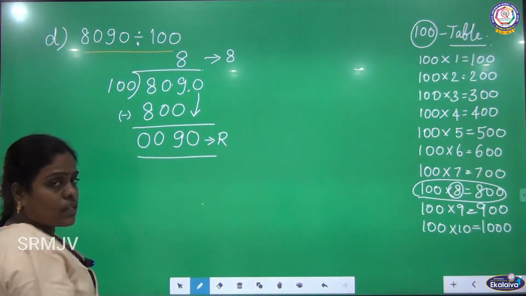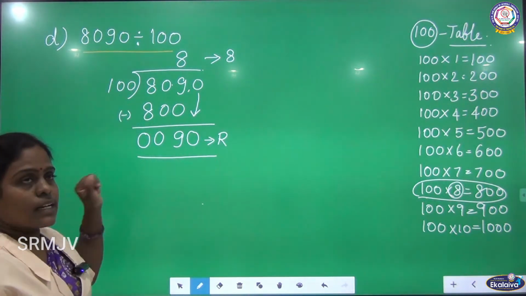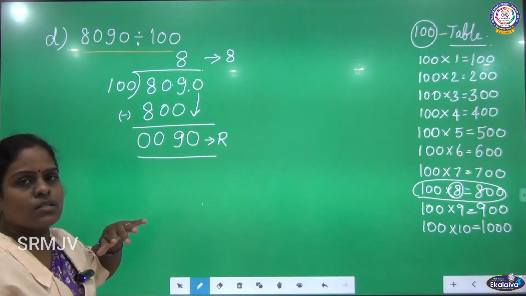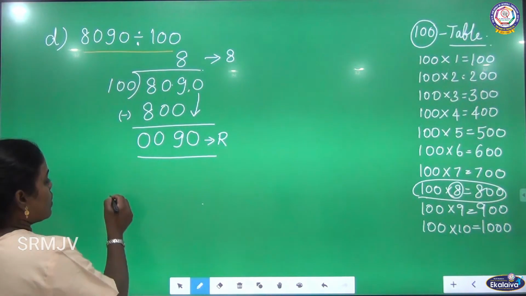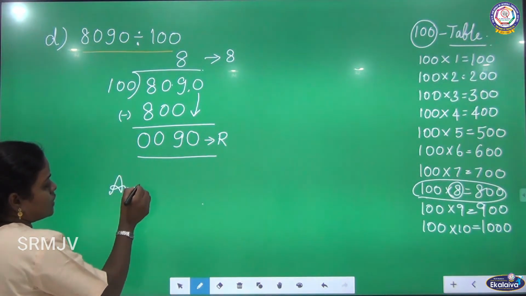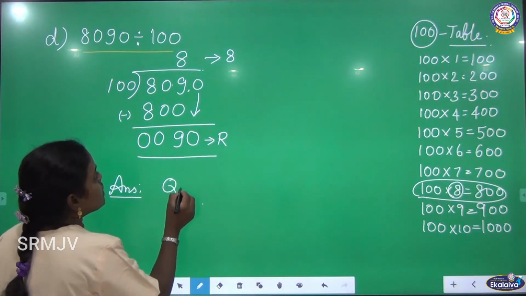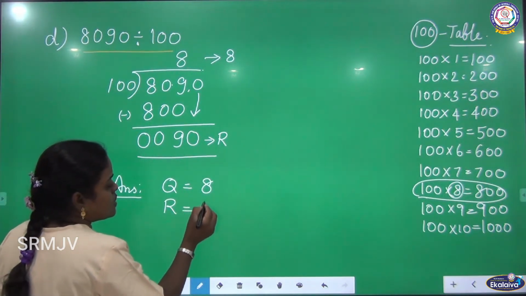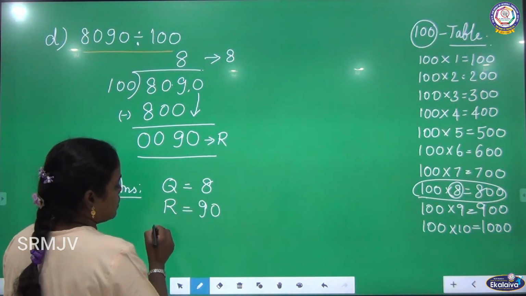See here 90 is smaller than 100 and here we don't have any more numbers. So we have to stop. Now let us write down the answer. Quotient is 8 and the remainder is 90.